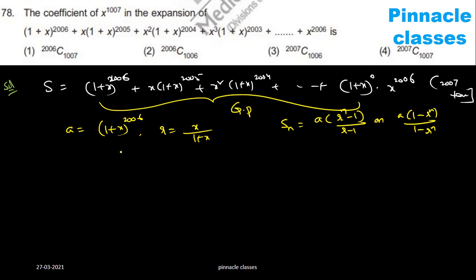Anyone? I'm giving an idea. Can you see the answer? The formula is A into (1 minus r power n) by (1 minus r).